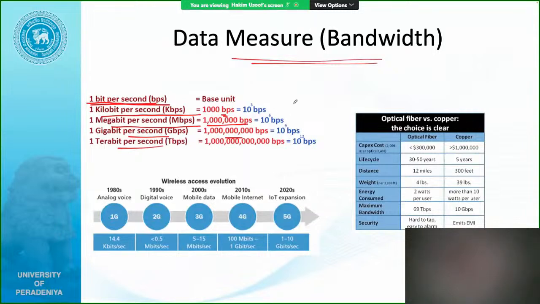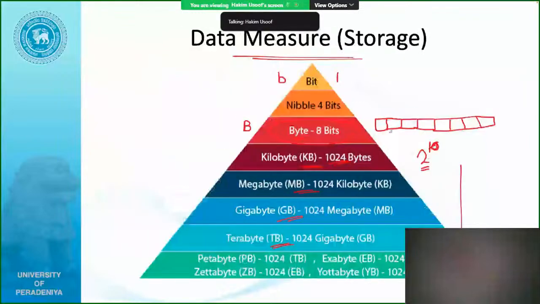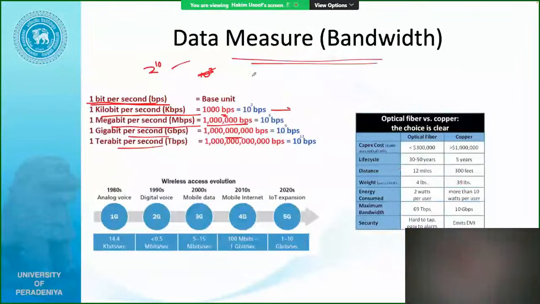Previously, it was 2 to the power 10 when we talked about kilobytes. Here it is 10 to the power 3.